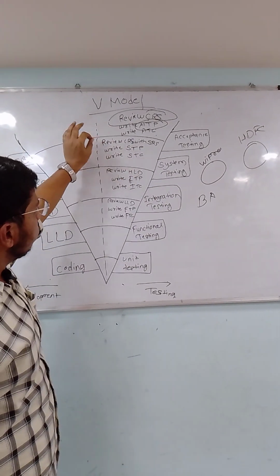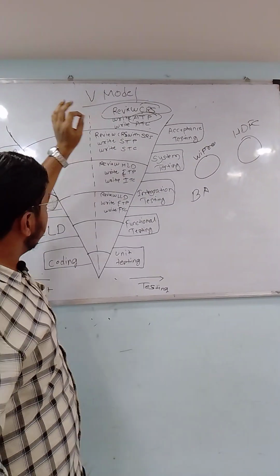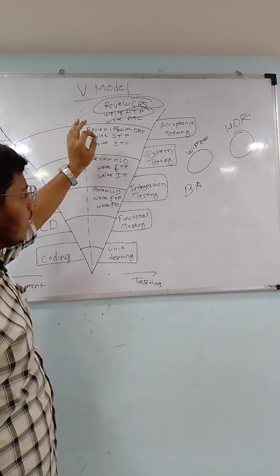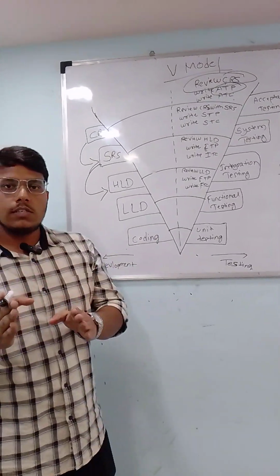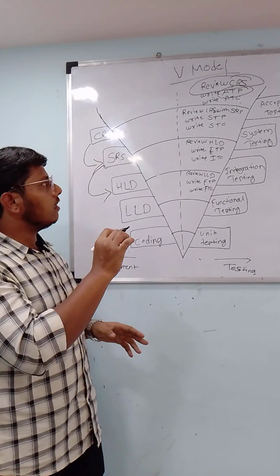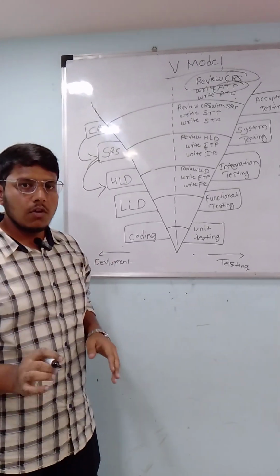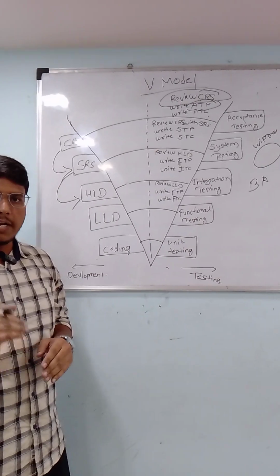Now the reviewing will happen not only for SRS but also with CRS, because there might be chances that while converting CRS into SRS, one or two requirements might have been missed. Maybe a misplacement of indexing might have happened.